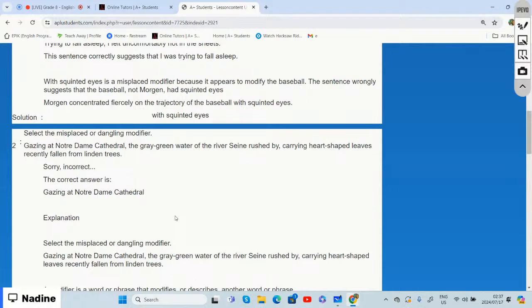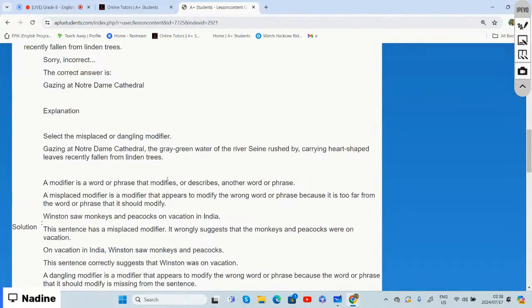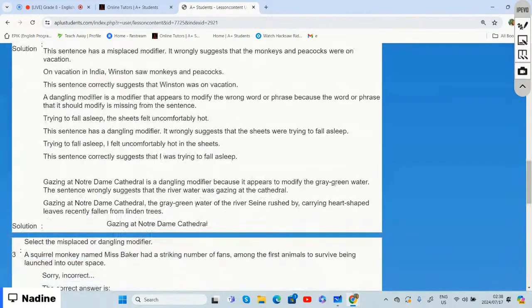And if we were to select it, we can then say that it is gazing at Notre Dame Cathedral. And that is either our misplaced or our dangling modifier. That is a dangling modifier because it appears to modify the gray green water.